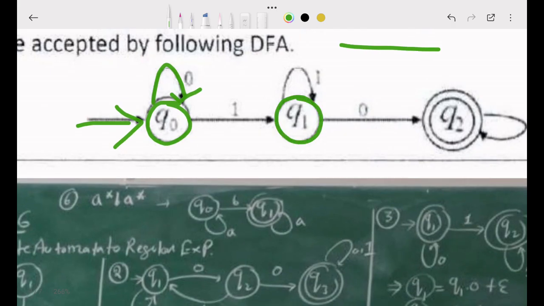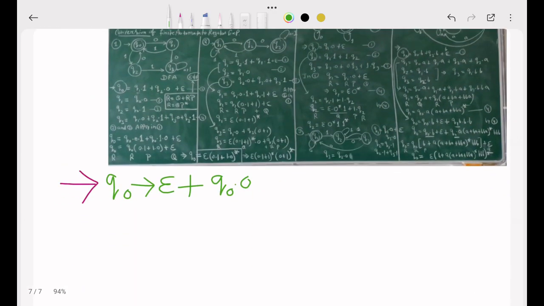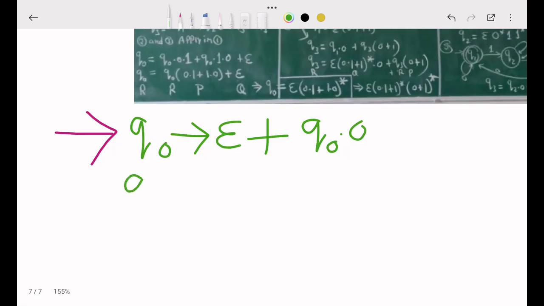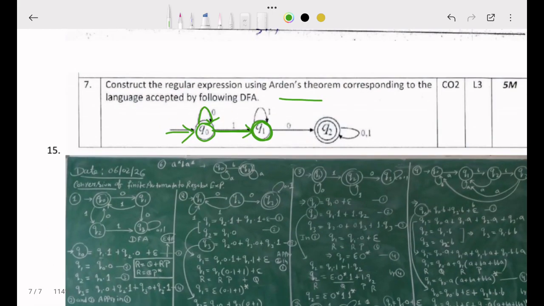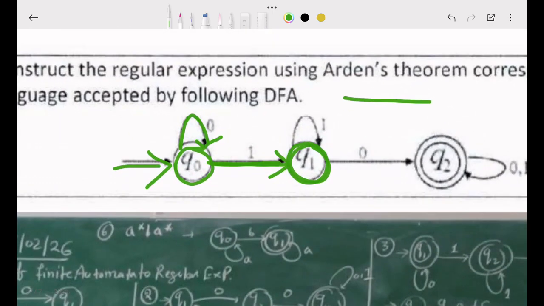From Q0 taking the input 1, I can reach Q1. What is the meaning of this? How to reach Q1? If the input is 1, I start from Q0, then I can reach Q1.